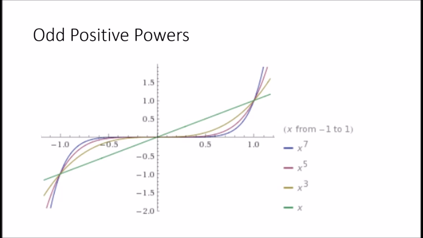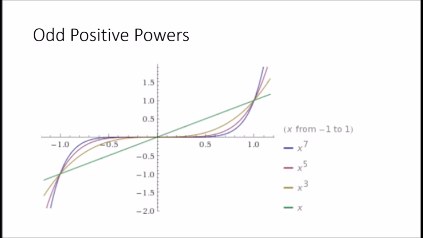For odd positive powers, you're always going to start in the lower left quadrant and come in to the upper right quadrant. And notice again, you're passing through the point 1, 1, you're passing through the origin, and the graph is passing through the point -1, -1.